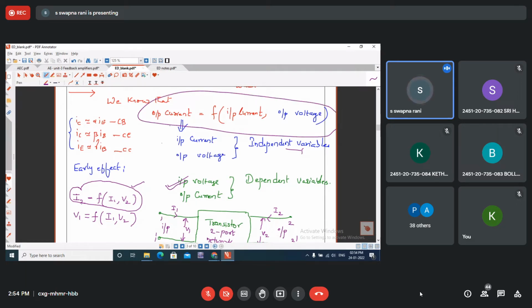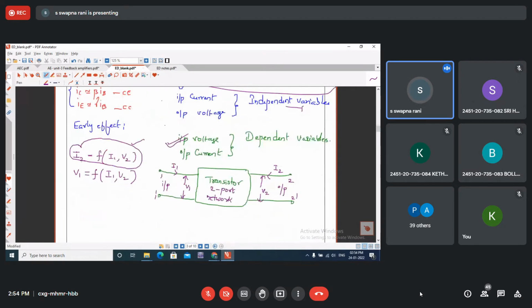So with this equation only we are going to derive the equations corresponding to the model, and based on those equations we will draw the model.